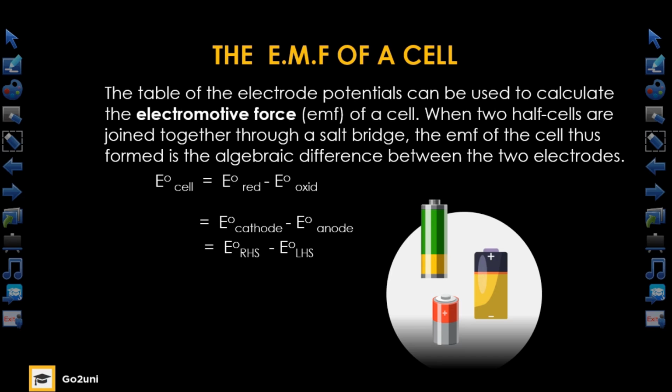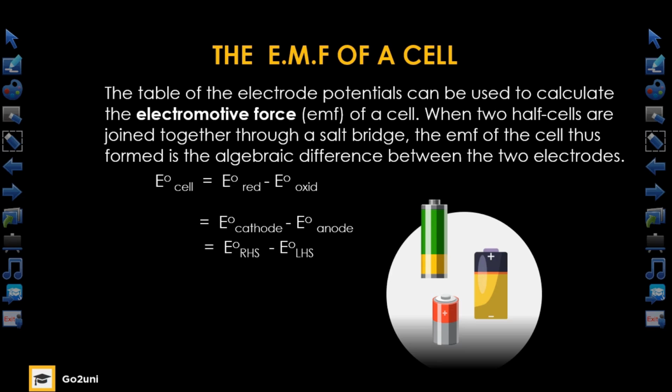We can also say it is electropotential of right hand side minus electropotential for left hand side. That is actually how to calculate EMF of a given cell.